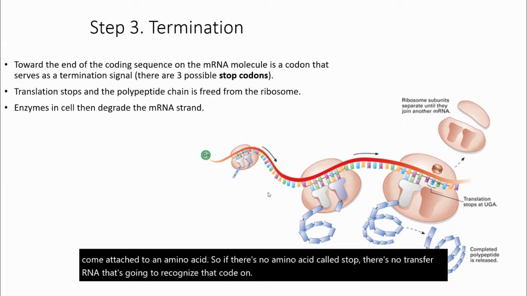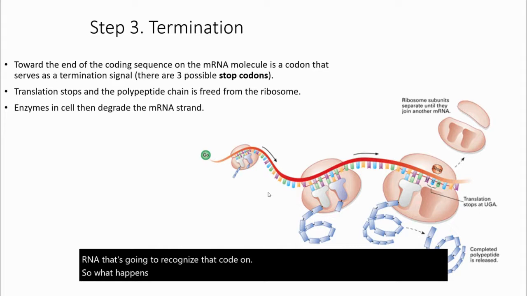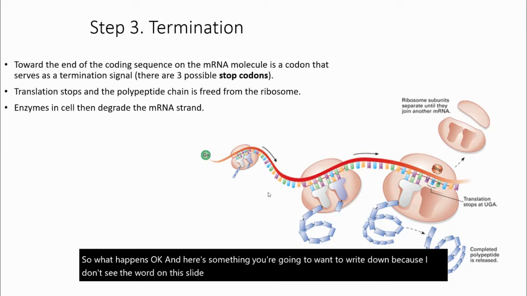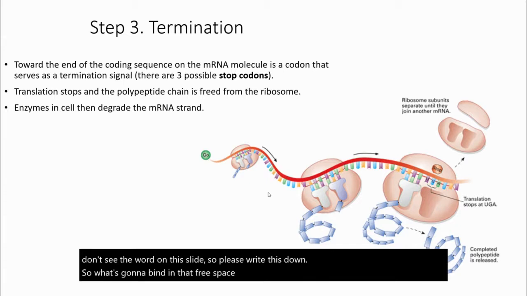So what happens? Here's something you're going to want to write down because I don't see the word on this slide. So please write this down. What's going to bind in that free space on the ribosome where there's a stop codon? Something called a release factor is going to bind.